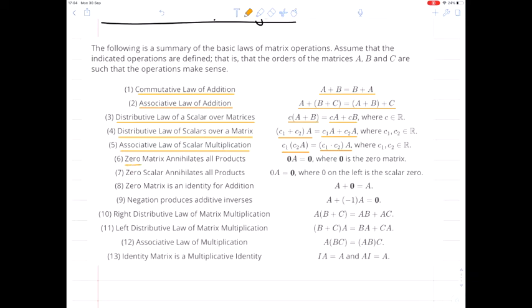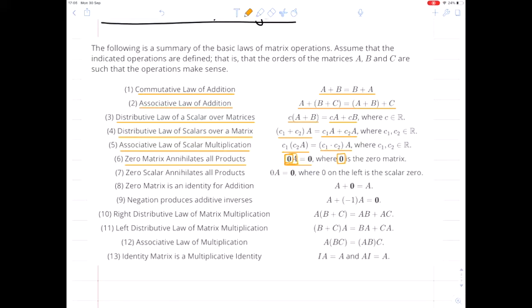Another thing that acts the same is the zero matrix. If the zero matrix has the appropriate dimensions so that we can multiply, then it always multiplies out to give us 0 on either side. Notice that here we are talking about the zero matrix, so this is matrix multiplication.